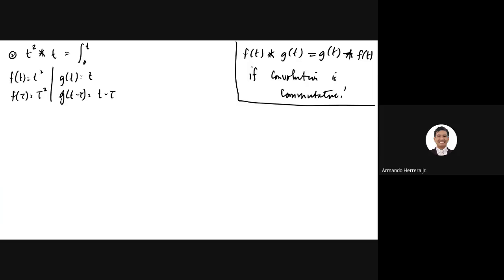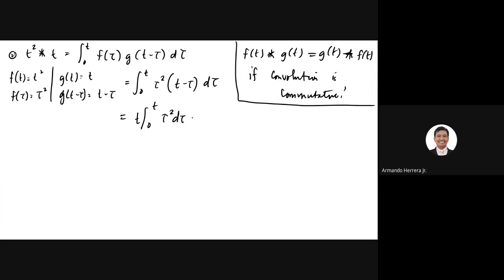So this is equal to, by definition, the integral from 0 to t of f of tau, which is tau squared, multiplied by g of t minus tau, which is t minus tau, d tau. So this is t times the integral from 0 to t of tau squared d tau. t is a constant and must be put outside, minus the integral from 0 to t of tau cubed d tau.